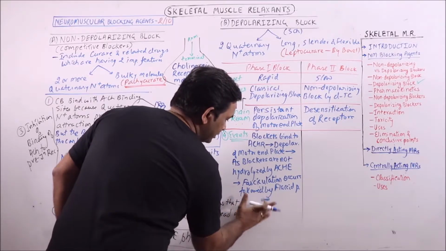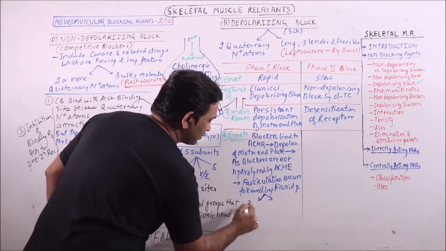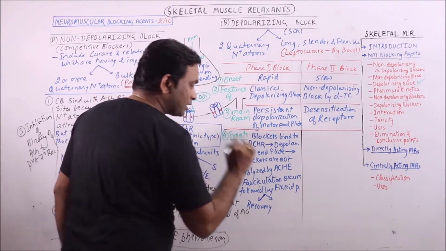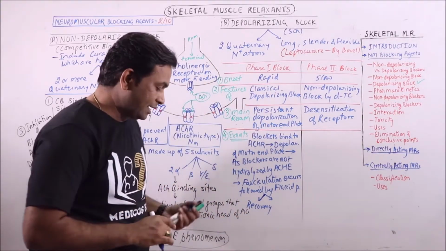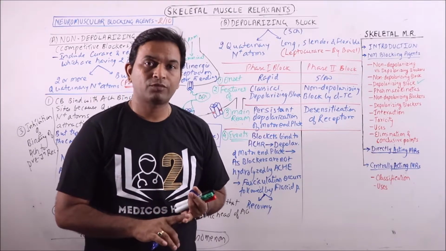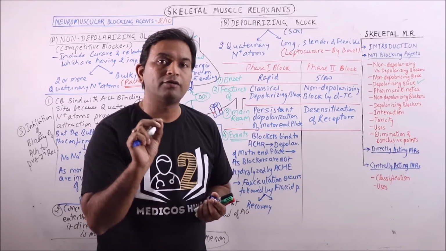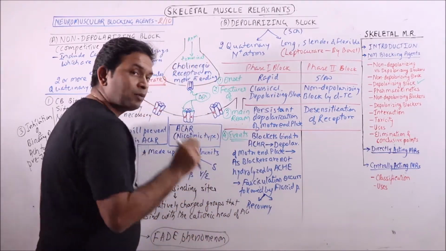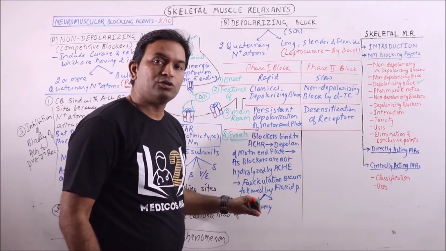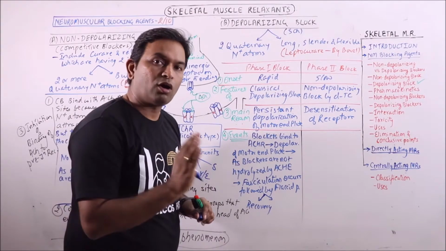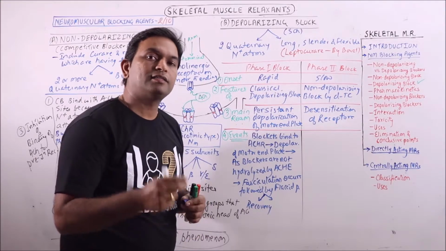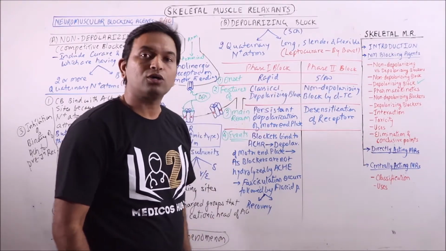So this condition is having two types of fates. Either recovery will be there, usually it recovers. But if there are two major problems like butyrylcholinesterase or plasma cholinesterase is defective, or we are giving repetitive doses of succinylcholine, then plasma concentration of succinylcholine will be on higher side, and the succinylcholine molecules that are bound to the acetylcholine receptor will not diffuse, and that will result in persistent depolarization of the membrane, and thus the phase 2 block supervenes.